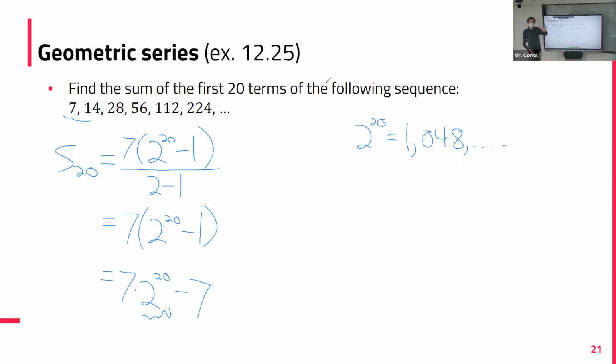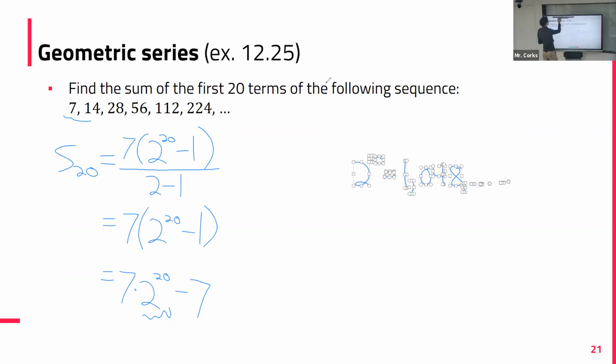If you want a little shortcut to help you remember these, 2 to the exponent 10, we said, is 1,024.